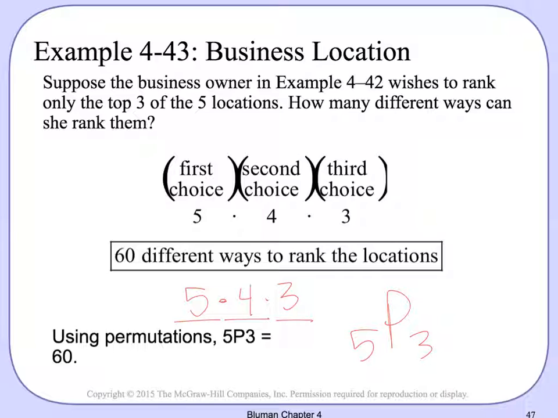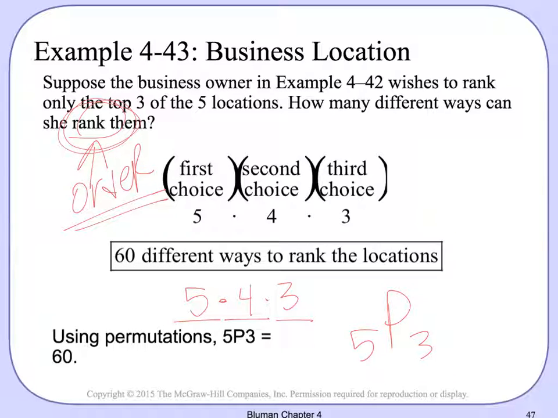5P3. Why do we know this one is a permutation and not a combination? Because combinations are going to be calculated totally differently. Because you're ranking them, and rank means you're putting them in an order. Whenever you see the word rank, rank means order. Order matters.